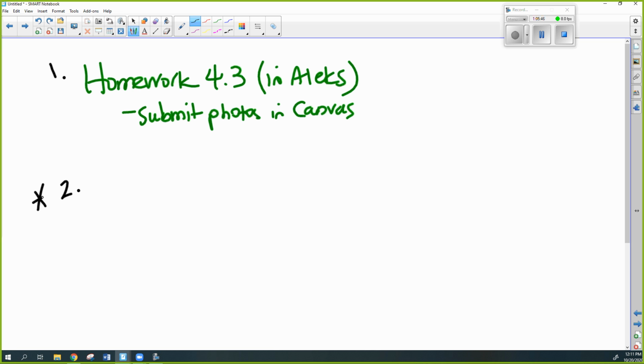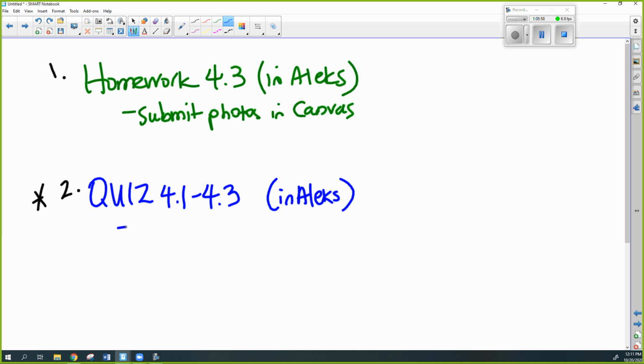The second thing you need to do is quiz 4.1 to 4.3 in ALEKS. All right, submit photos in Canvas. All right, and all of that is due by class time on Thursday. So they're all open till 10:25, but you need to get them done.